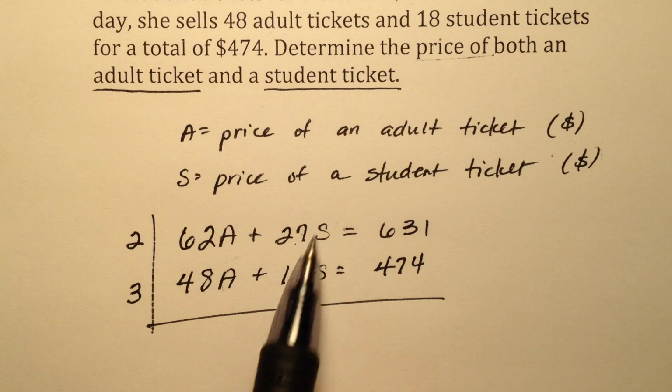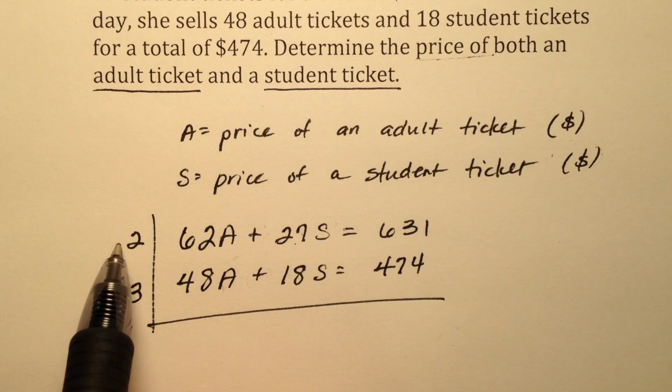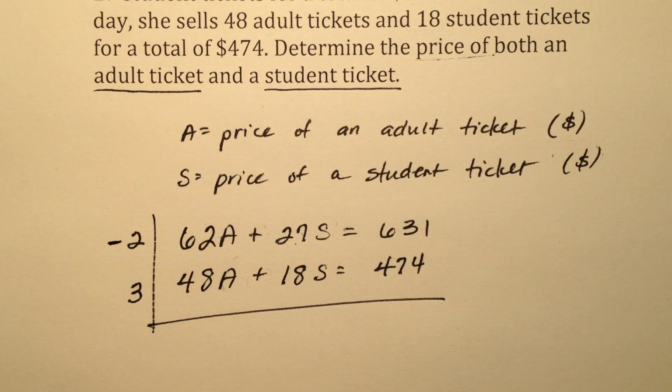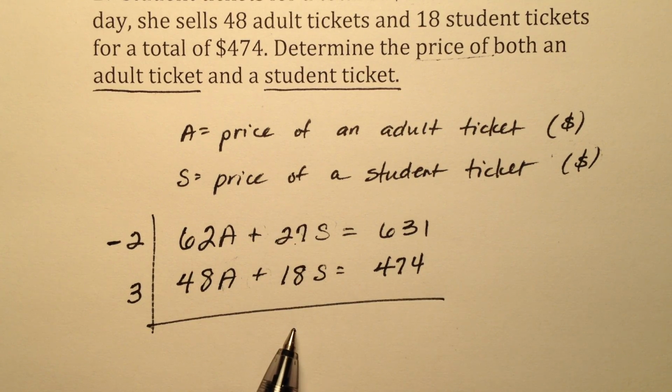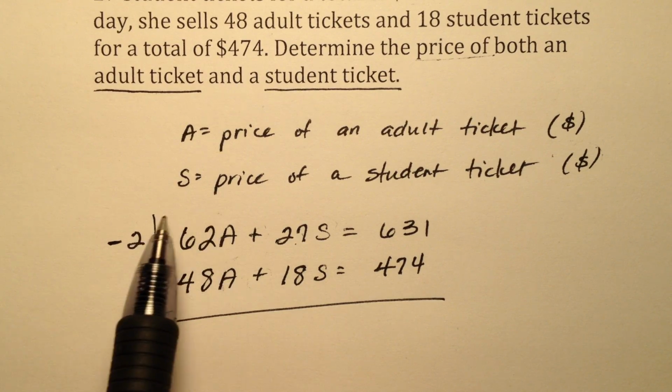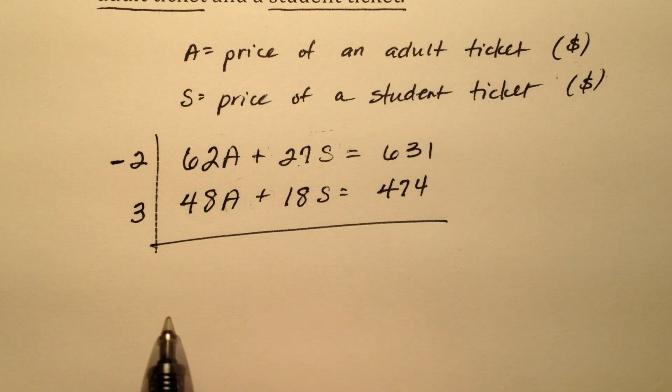And in that way we can cancel out our S's. But of course right now they're both positive. So let's go ahead and make one of these negative, so they are equal in number but opposite in sign, so that when I add the two equations, the S variable will cancel out. Okay, so let's go ahead and distribute this negative 2 and positive 3 through our equations.